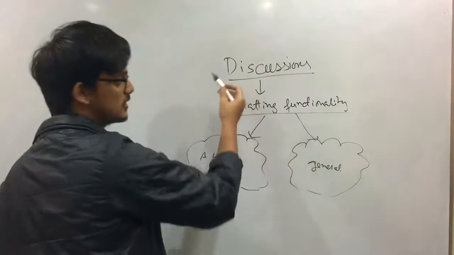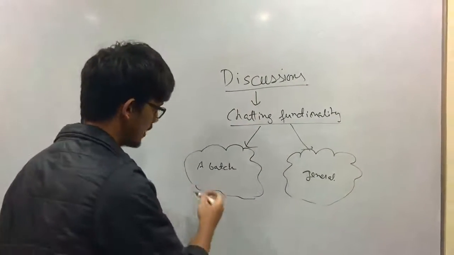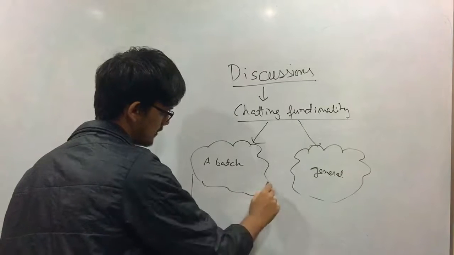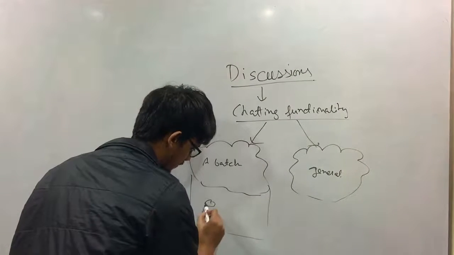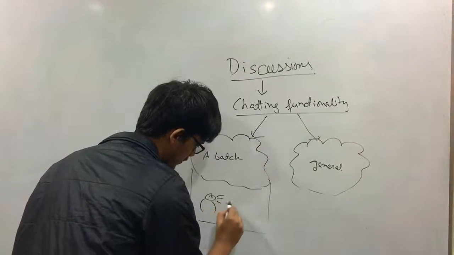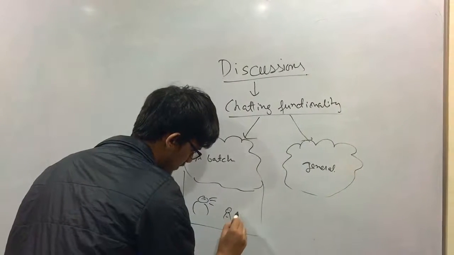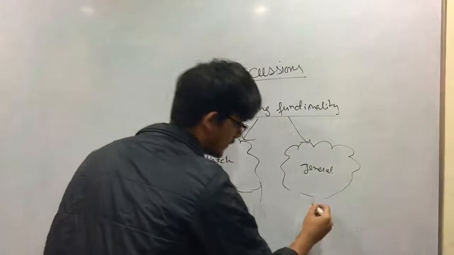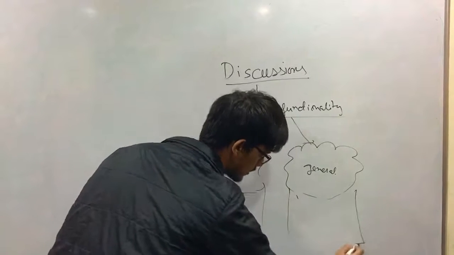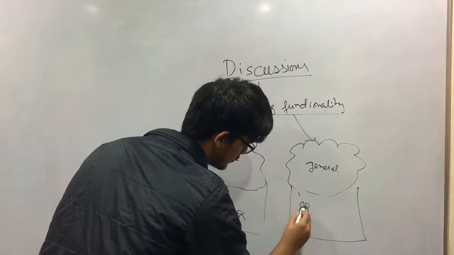So what this discussions feature would be doing is, it will allow a user to communicate within his batch with his batchmates, and in the DICT feature, he'll be able to broadcast his message to the entire college.